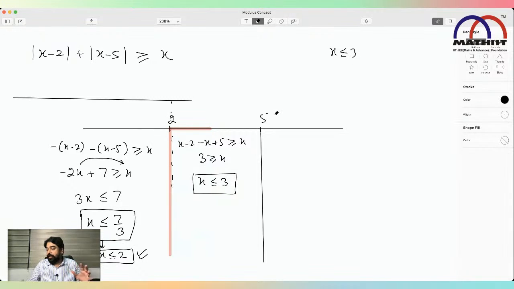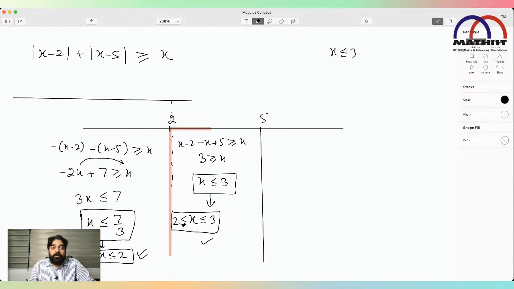Forget about this question. Separately, if it's x less than 3, what does it mean? It means x can go up to minus infinity. But the problem is that I cannot cross 2. So finally, this I also have to modify. I will say x will be less than or equal to 3, but apart from this, my condition is that x should be greater than or equal to 2 also. This will be the answer.